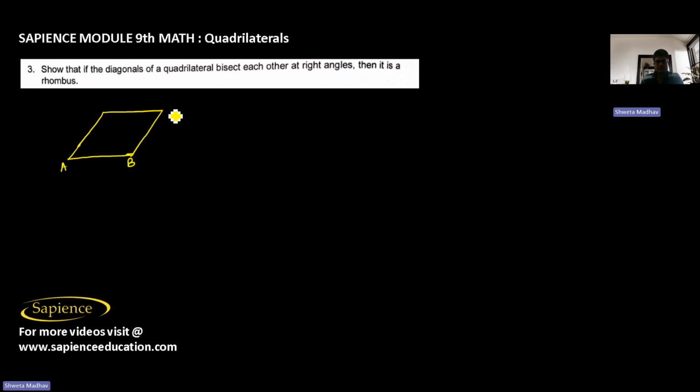So if you take this ABCD, we have to show that ABCD is a rhombus if the diagonals bisect each other at the point.